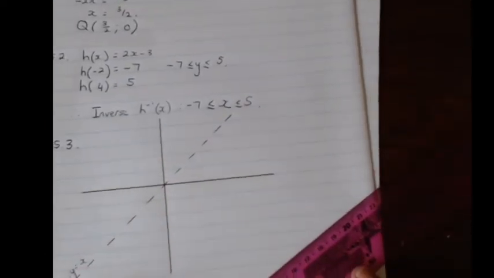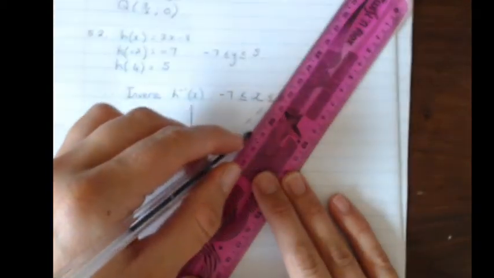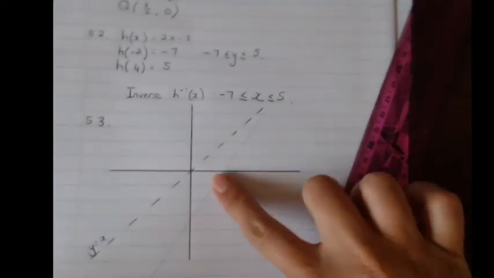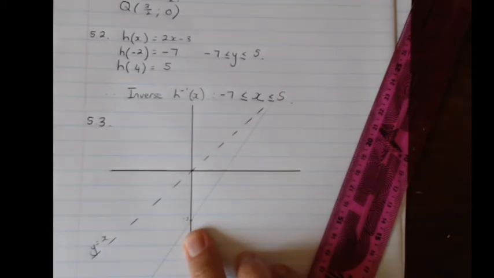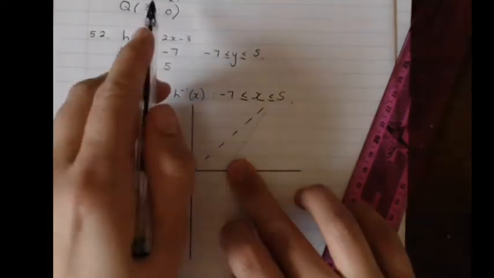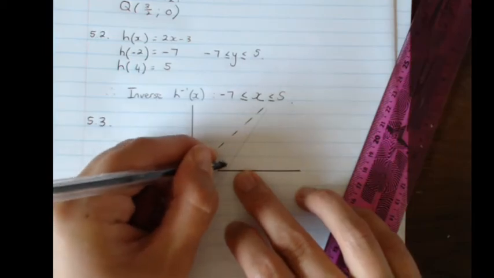So I can just do it visually on the graph. My function goes there. It's given that it cuts the y-axis at -3, and I calculated it cuts the x-axis at 3/2.